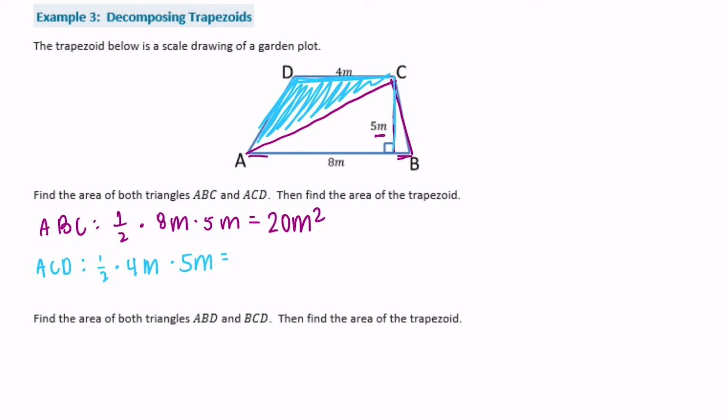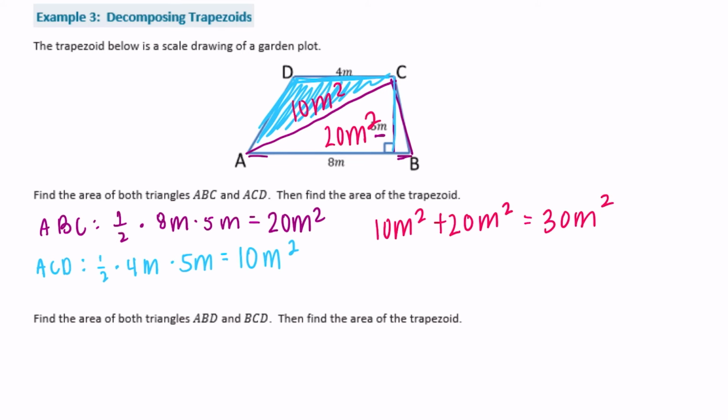That would be equal to 4 times 5 is 20, and half of that is 10 meters squared. So if this is 10 meters squared and this is 20 meters squared, then together the area of the trapezoid, 10 meters squared plus 20 meters squared, is equal to 30 meters squared.